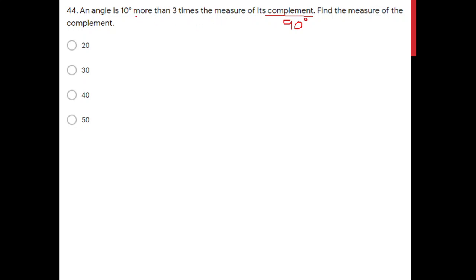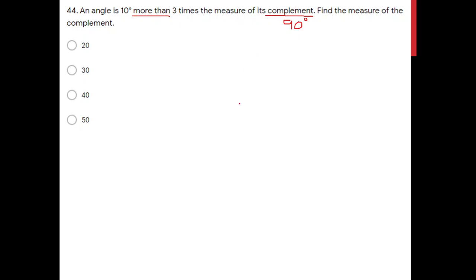If the word being used here is "more than," always remember the number before this word. When you transform this one into a mathematical form, it would end up on the last term. So it says here that the angle is 10 degrees more than 3 times the measure of its complement.